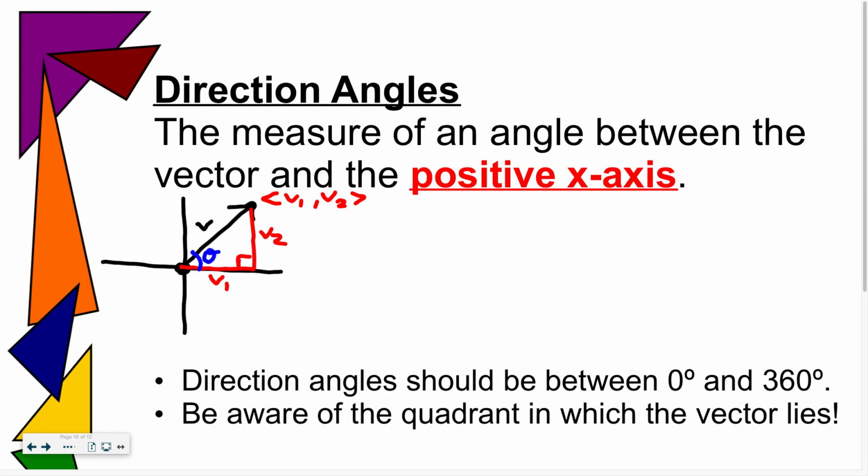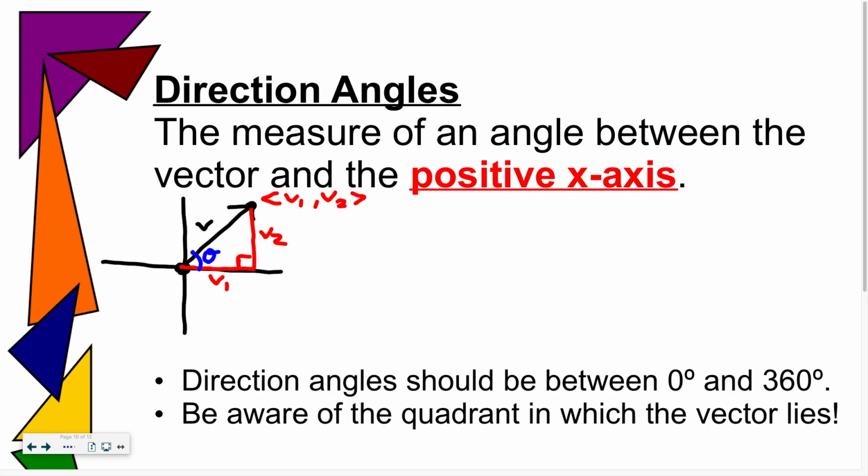That would be theta. What would you use to calculate theta? You know its component form, v sub 1 and v sub 2. Trigonometry, specifically, which trig function? Tangent. You have the opposite and the adjacent side.